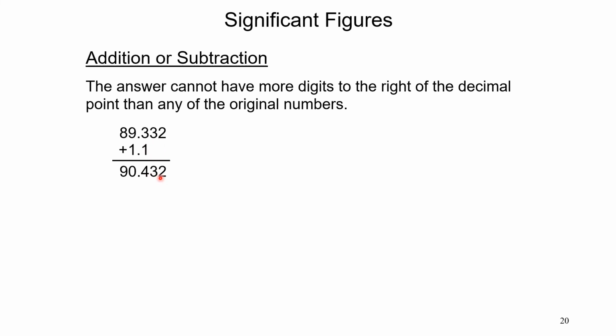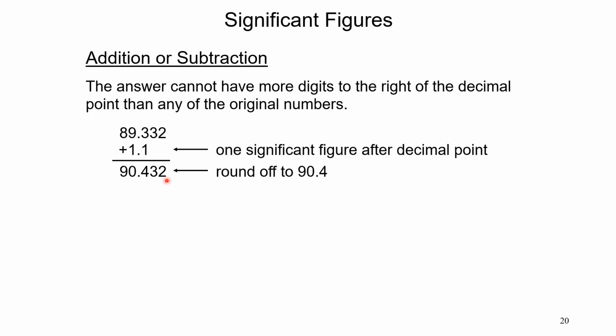Therefore, my answer cannot have these decimal places anymore because I don't know that this is 1.100. It could be 1.101. Therefore, that would change this 2 value out here. I can't have that anymore. So I can only have that furthest decimal place. And so 90.4 is all I know at this point.